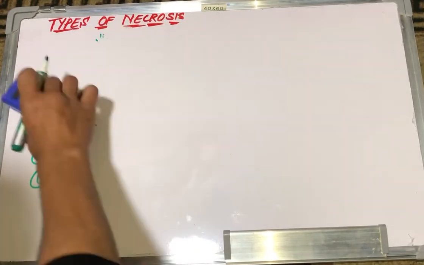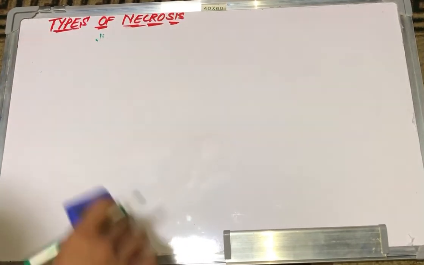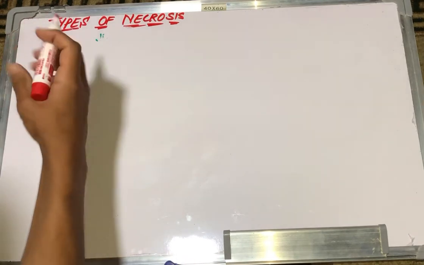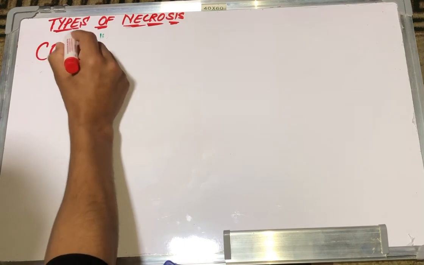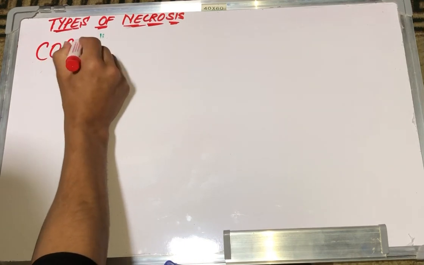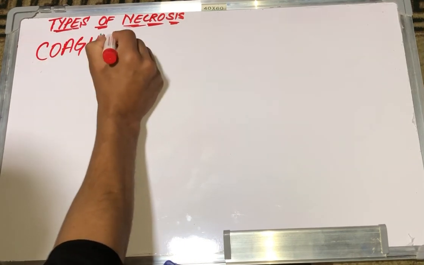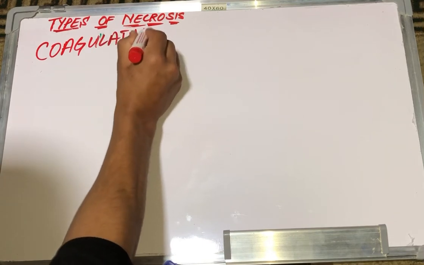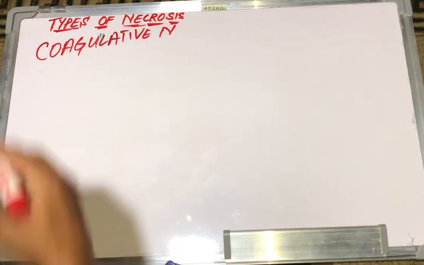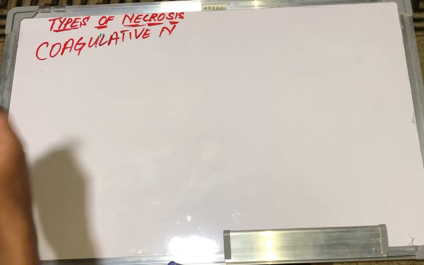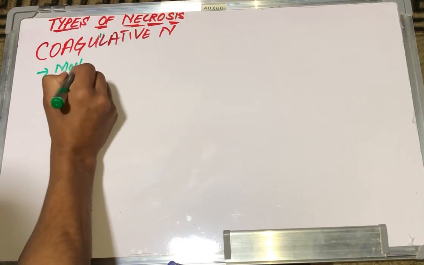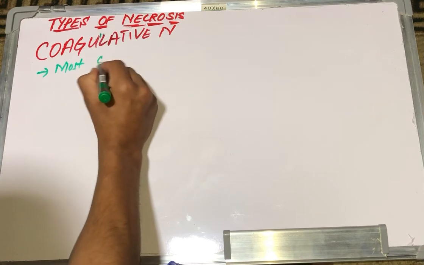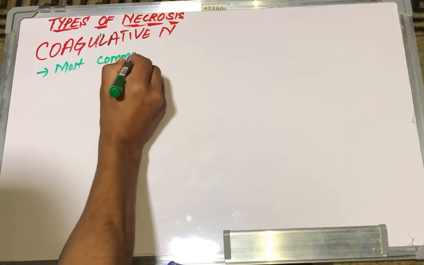First, we are going to discuss coagulative necrosis. Coagulative necrosis is the most common type of necrosis.